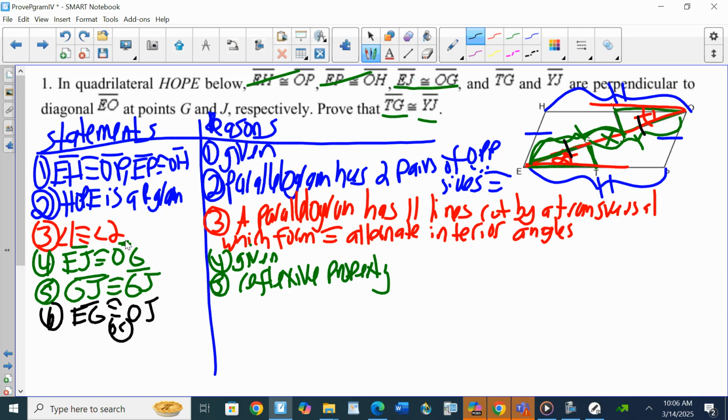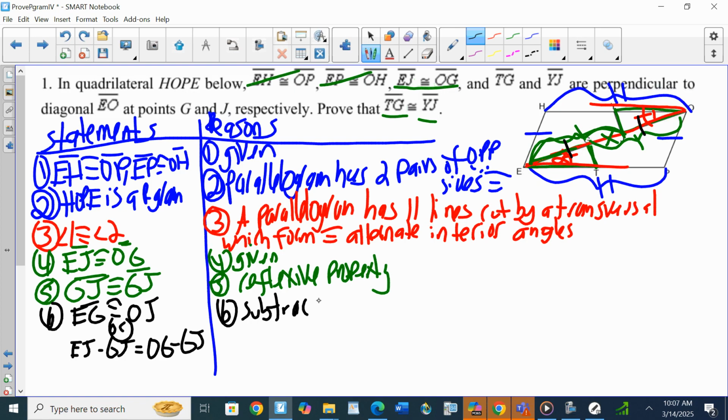So it's EJ minus GJ equals OG minus GJ. And that is subtraction property.